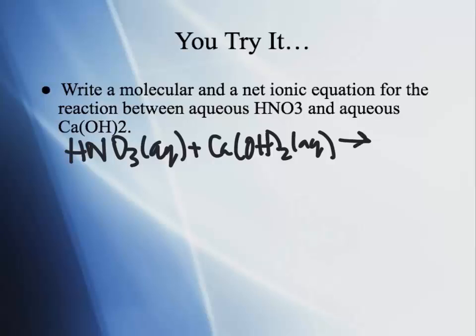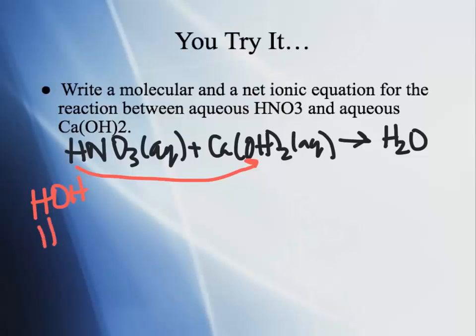Since this is an acid and a base, we always know that we're going to have water, H2O, and here's where it comes from. It's just like a double replacement reaction. H is going to drop the NO3 to hook up with OH, and HOH is H2O. So there's where our water comes from. To figure out our dissolved salt, we take a look at calcium.